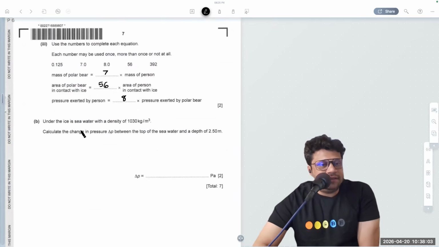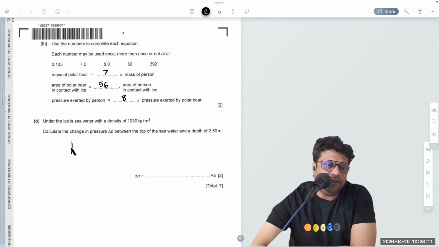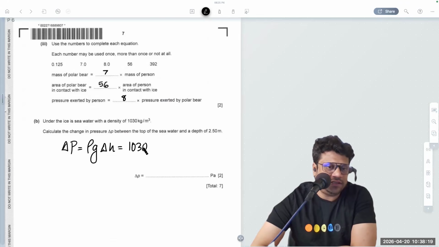Under the ice is seawater with a density of 1030. Calculate the change in pressure between the top of the seawater and the depth of 2.5. Well, we use the formula: change in pressure is rho g change in depth. So rho is 1030, g is 9.81 and the depth is 2.5.